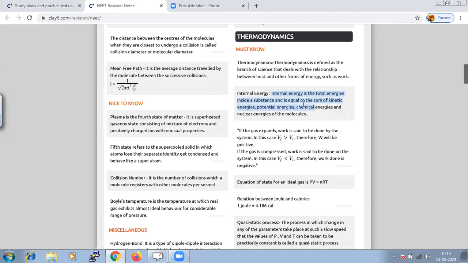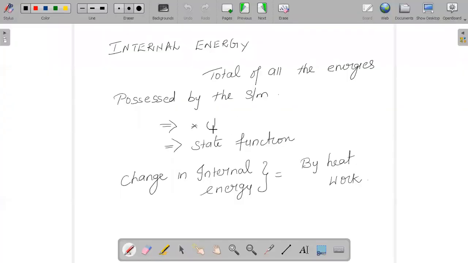Hence the total sum of energy possessed by that particular system we call its internal energy. Obviously it is an extensive property, and the symbol used for it is U.